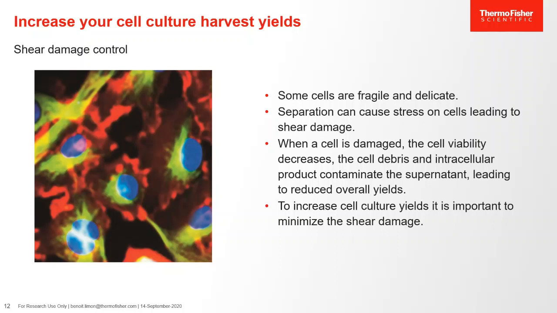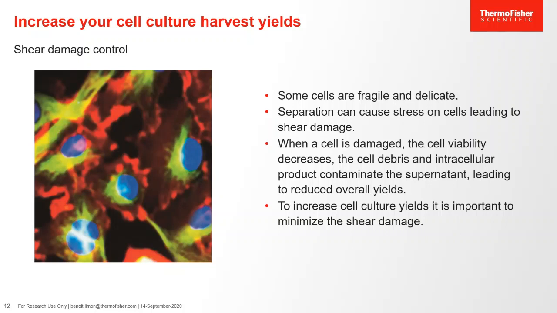So as a fact, some cells are fragile and delicate. The separation can cause stress on cells, leading to shear damage. When a cell is damaged, the cell viability decreases, the cell debris and intracellular product contaminate the supernatant, leading to reduced overall yields.